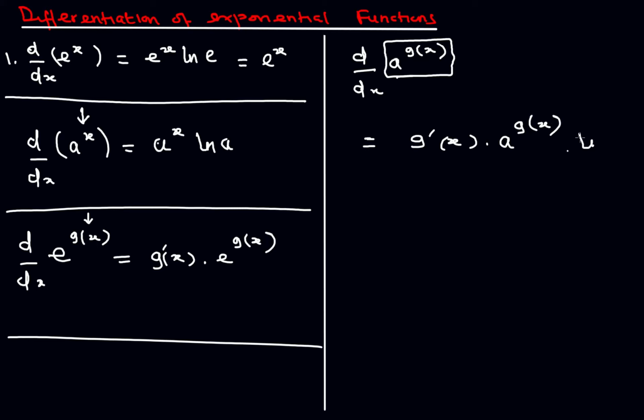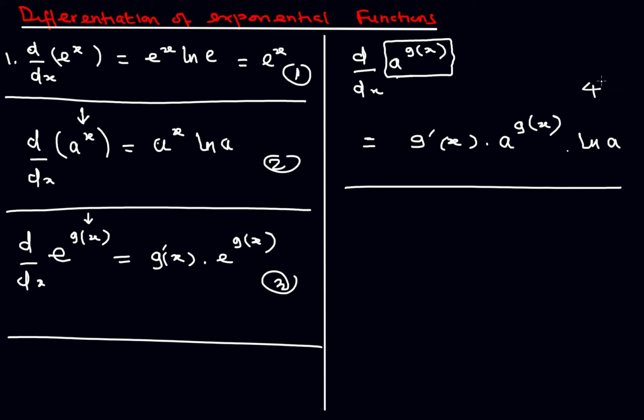So that one we said is going to be an ln a, right? So this is the fourth variation. So we have 1, we have 2, we have 3, and then we have 4, right? Similar to logarithms. If we know what went on here, then we're able to manipulate complex differential equations.